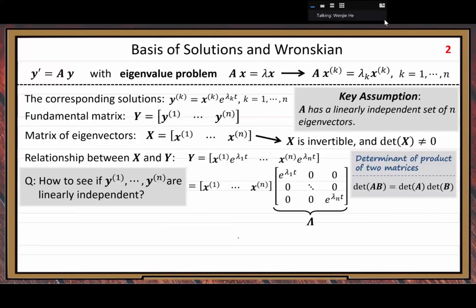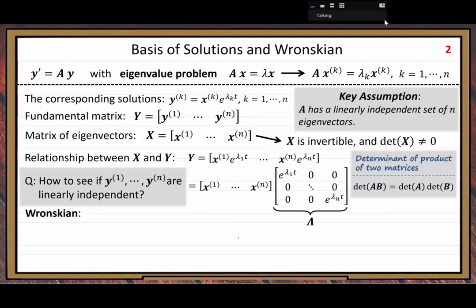So applying this property, the determinant of capital Y equals the determinant of capital X, non-zero, times the determinant of capital lambda, also non-zero. The product of these two non-zero numbers is also non-zero. That's why the determinant of Y is non-zero, so these n Y vectors must be linearly independent.